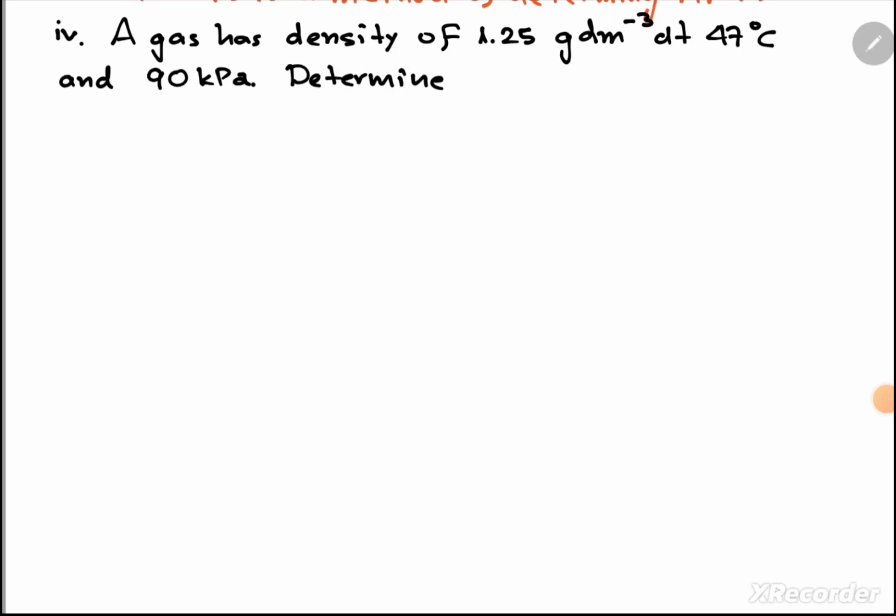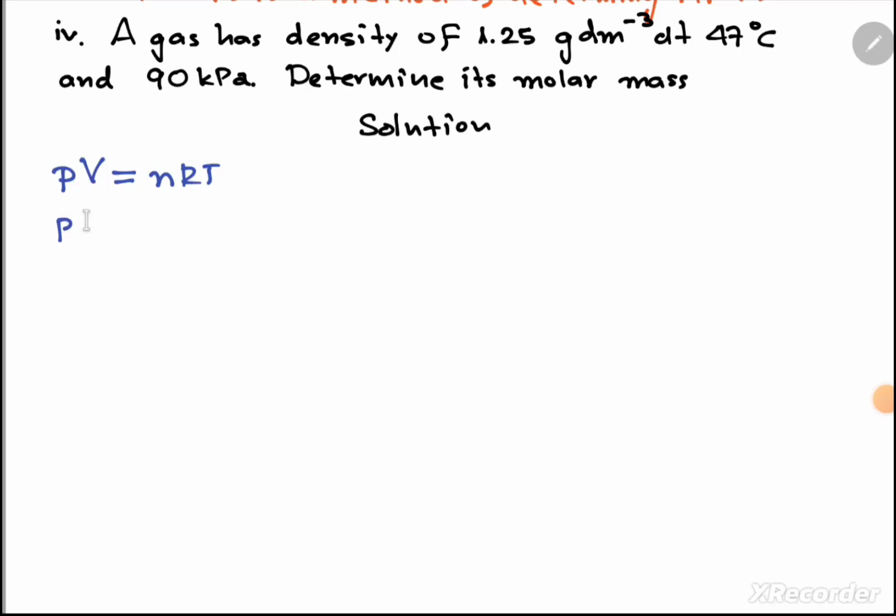Determine its molar mass. Let's see the solution. We have a condition for the gas, so we use the ideal gas equation. And we have pressure is equal 90 kilopascal, so we have to convert to Pascal.